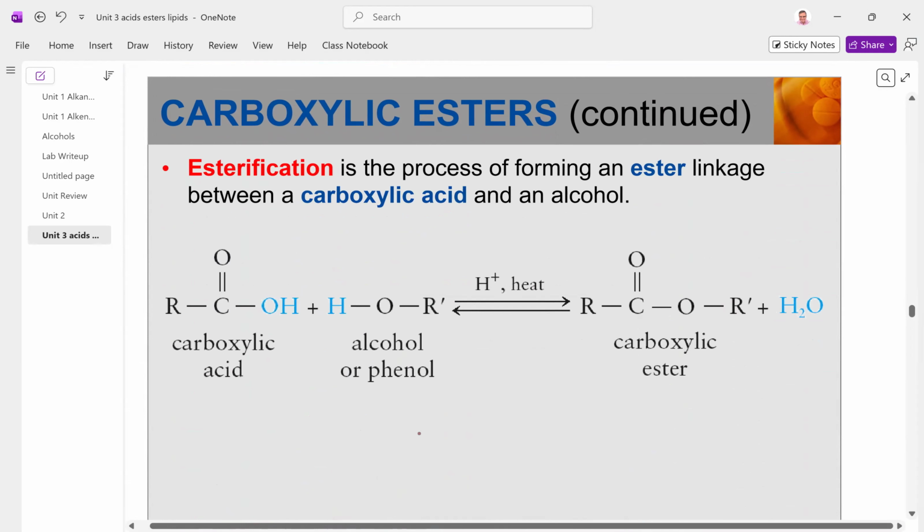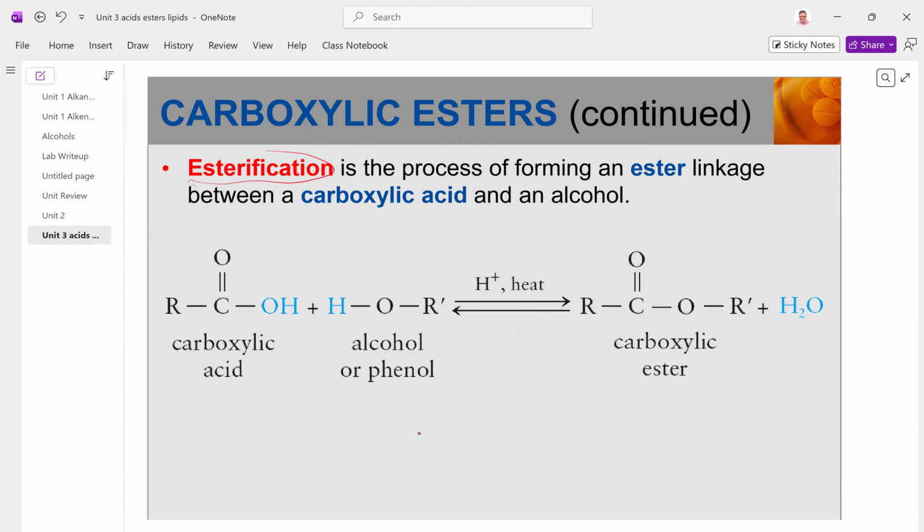Okay, esterification is a process of forming an ester. Okay, that means we need an acid and an alcohol.